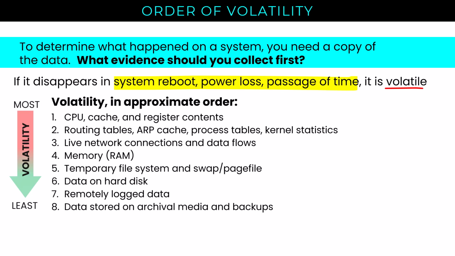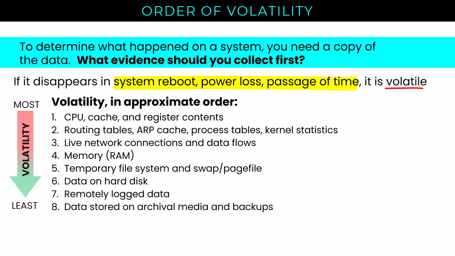And going down the list from most to least, we have routing tables and ARP caches, which are going to time out and disappear, live network connections that are going to be gone with a reboot, RAM gone with a reboot, temporary file system and swap or page files, which can be around across reboots for sure, but are definitely temporary in nature. But as we get to the bottom of the list, data on a hard disk, remotely logged data, data in an archive is going to be not at all volatile.